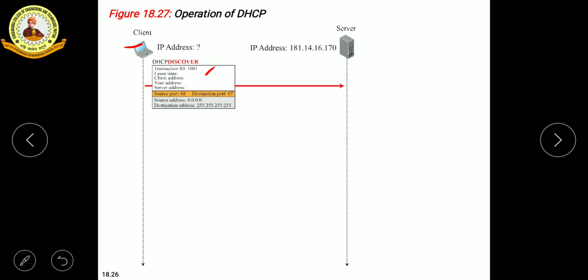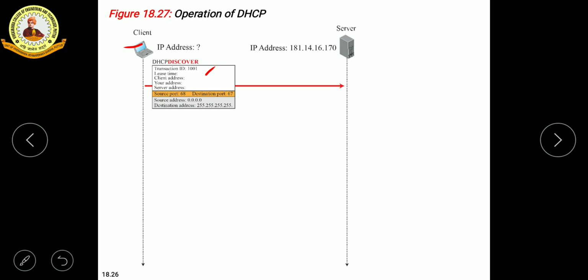The user datagram is encapsulated in an IP datagram with the source address set to 0.0.0.0, or this host, and the destination address set to 255.255.255.255, which is called the broadcast address. This we have learnt. The reason is that the joining host knows neither its own address nor the server address, so it sets the source address as all zeros and the destination address as all ones.